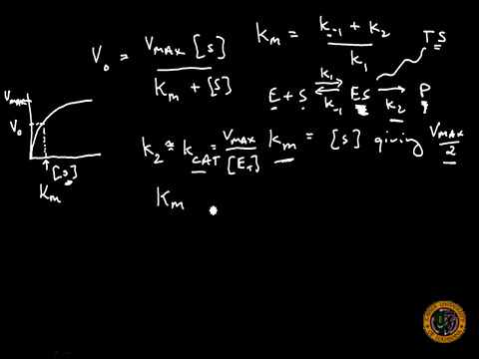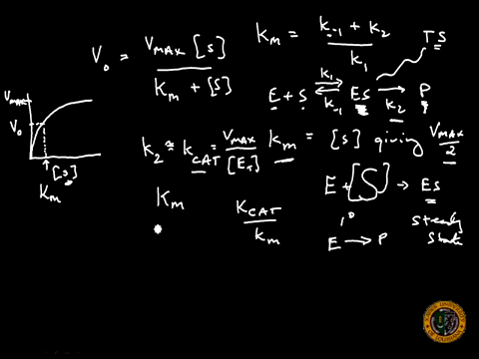Determine the absolute efficiency of the second order reaction by taking Kcat and dividing it by Km.